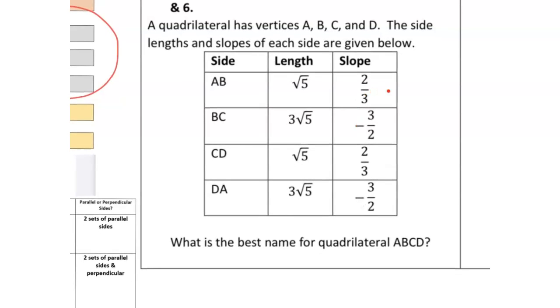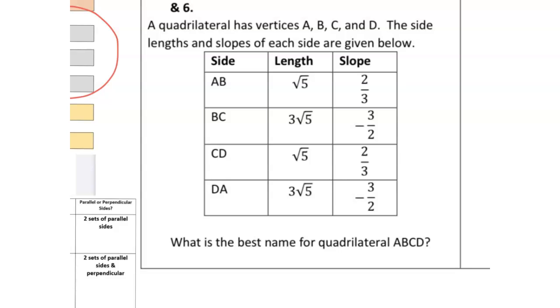If anything is perpendicular, that means that we'll have opposite reciprocal slopes. So first off, noting that AB and CD, those 2 opposite sides, they have the exact same slope. So that's a parallel set of lines or sides. BC and DA also have the exact same slope. So that's another pair of parallel lines.